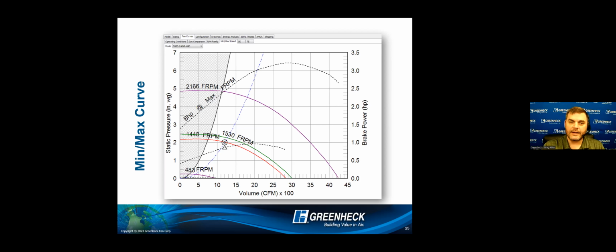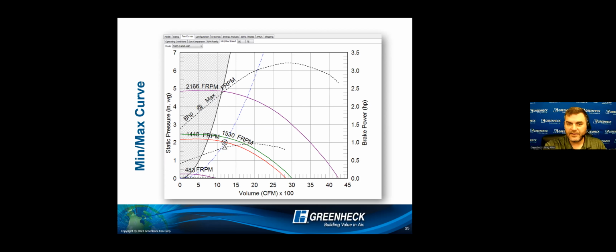Now, the green line that's just above the red line is that fan as picked with that motor, its max capability. So this fan has, let's call it, a 1 horsepower motor. We run out of horsepower at 1530 fan RPM, and if you want to go any faster than that, you need a bigger motor.